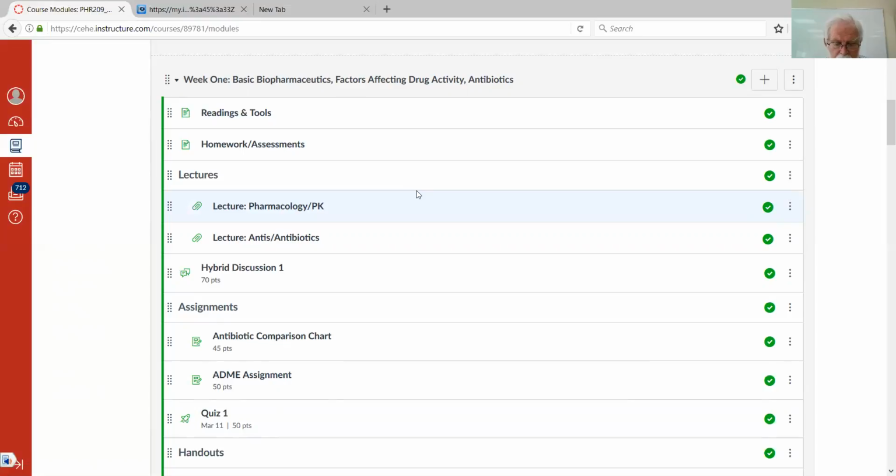The presentation is really going to be a PowerPoint, which we'll look at. You can either do it just in PowerPoint, or you can use the presentation software known as Prezi.com.